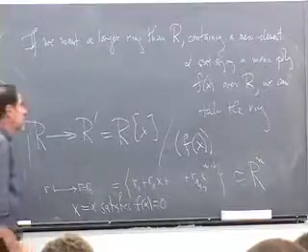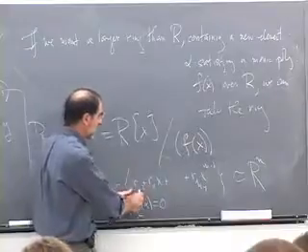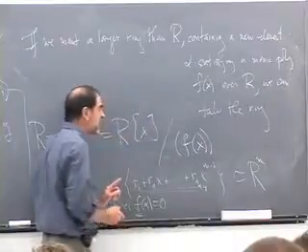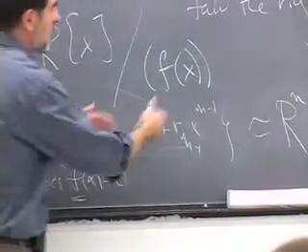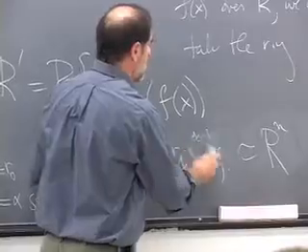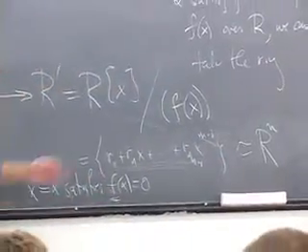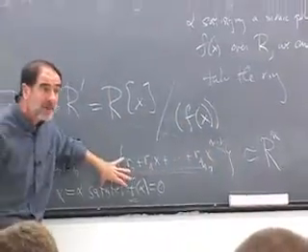And the multiplication in this ring is complicated, and it depends on what the polynomial f is. Because if you want to multiply two of these cosets, it's just like multiplication mod n. You multiply the polynomials in x, that overflows the degree. You get polynomials of degree bigger than n, and then you have to take the remainder after division by f of x to figure out what you get.